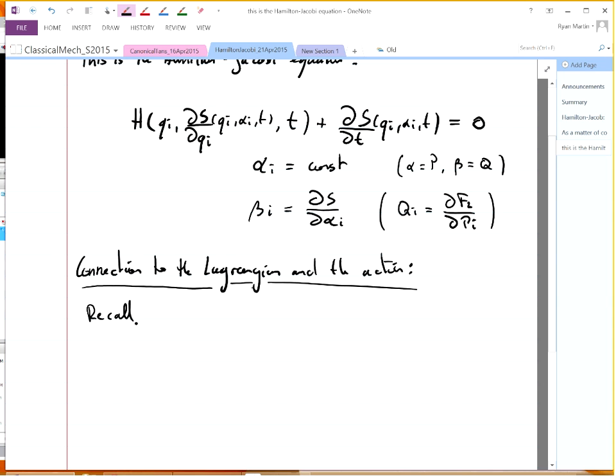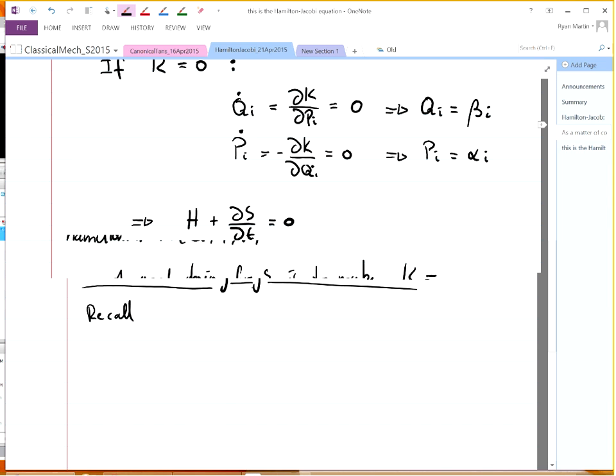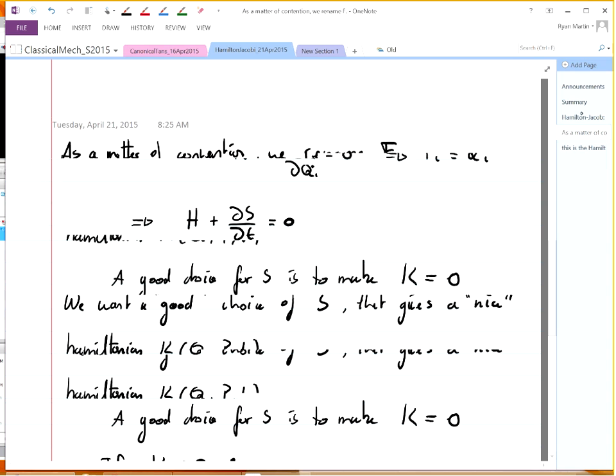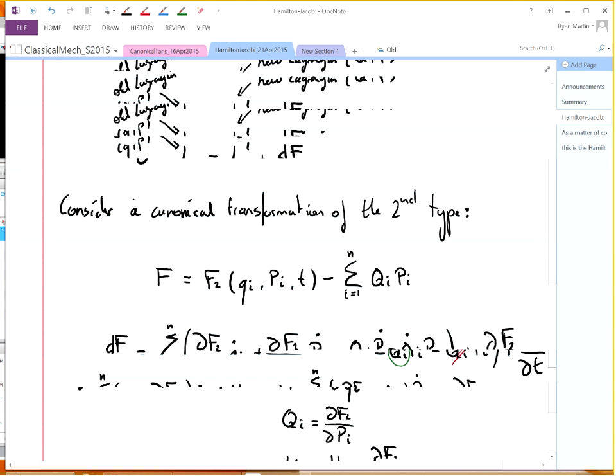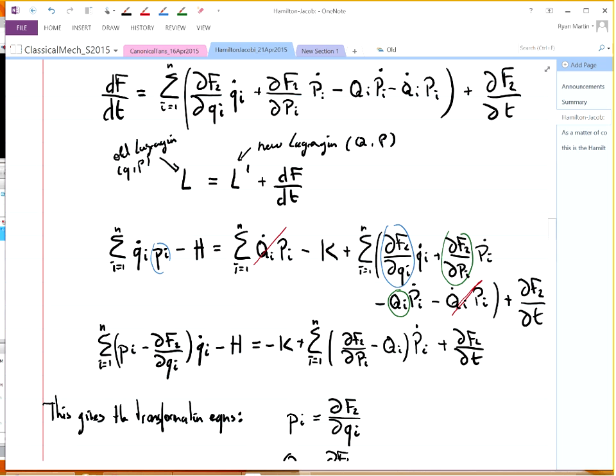So recall, well, I guess I should point out, when I did the derivation, I just did it here in my head. There's a mistake in the notes. The mistake in the notes, I think I forgot to copy the K. Let me just write that out as people review the notes later.